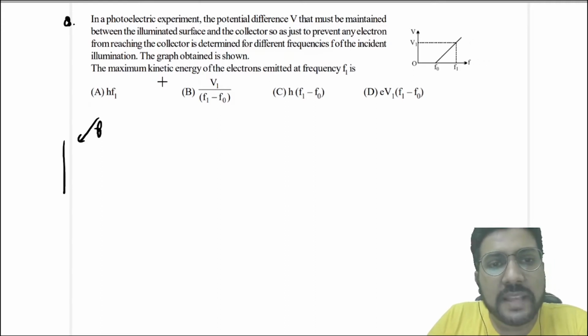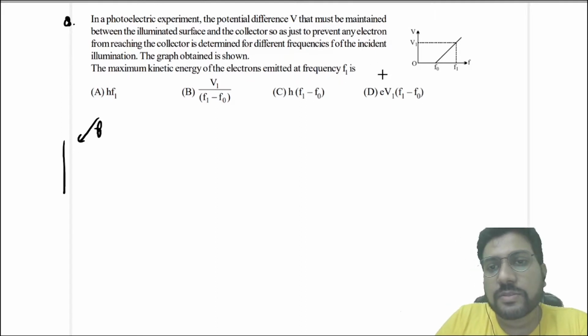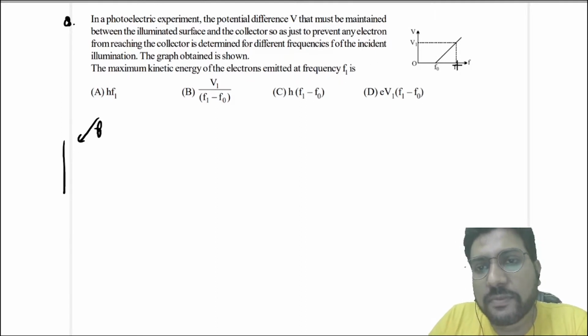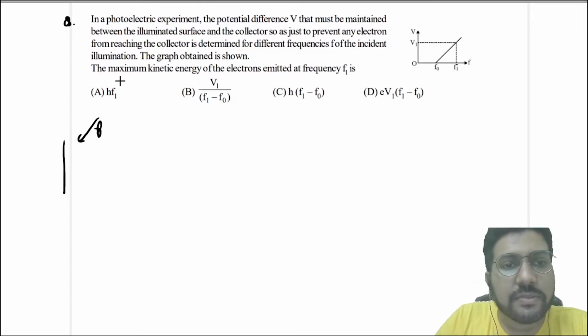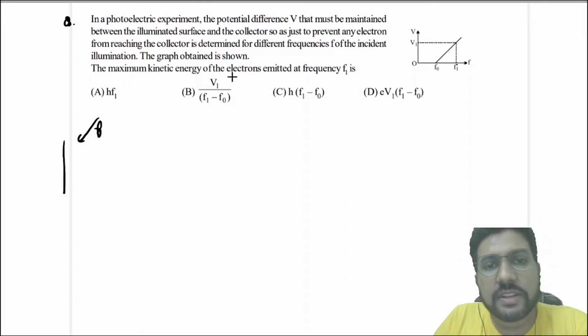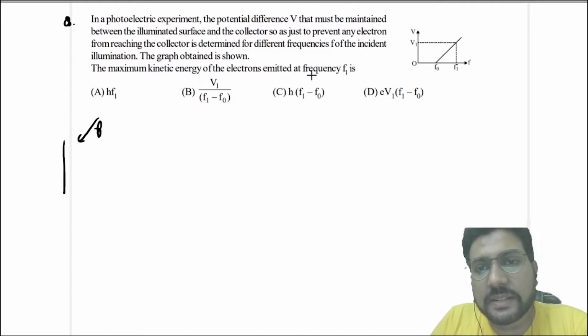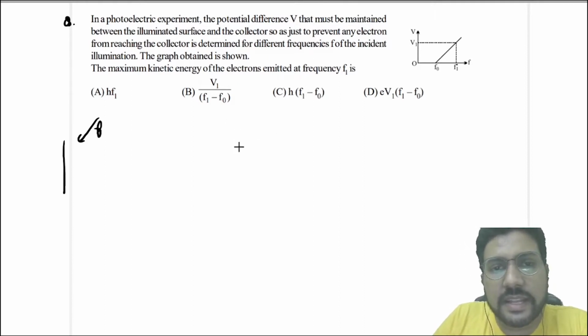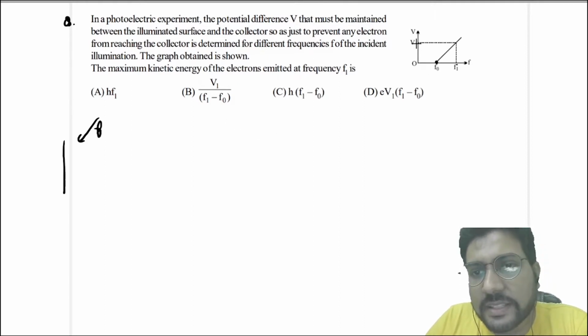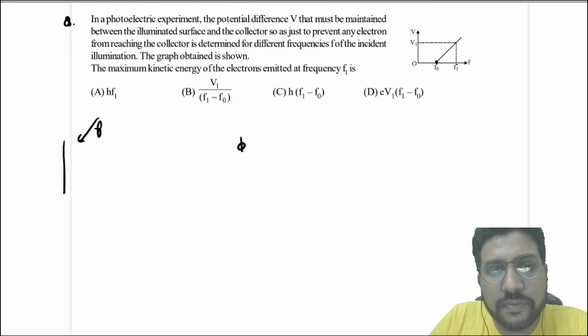Then what is the maximum kinetic energy of the electrons emitted at frequency f1? At a particular frequency f1, they are asking what is the maximum energy of the electrons emitted. Clearly you can see that the x-intercept is the threshold frequency, so the work function is hf0, right?